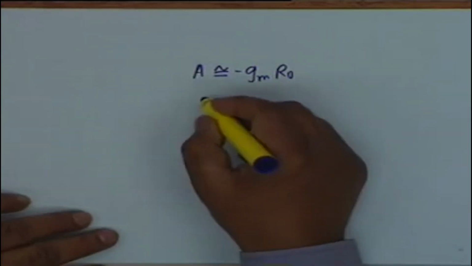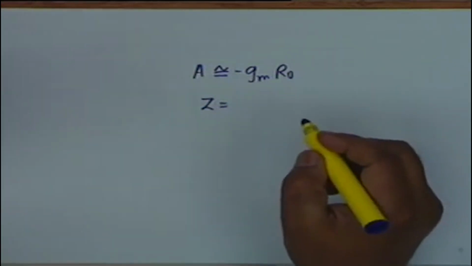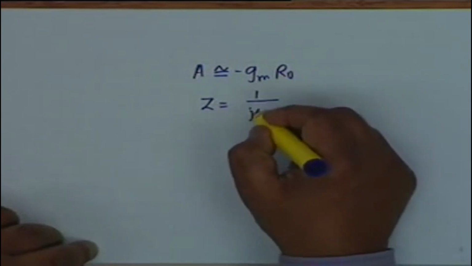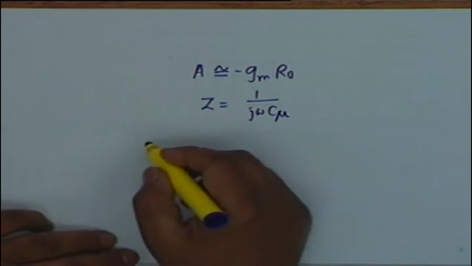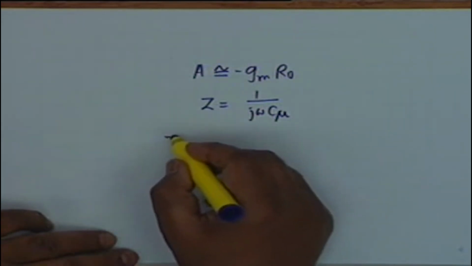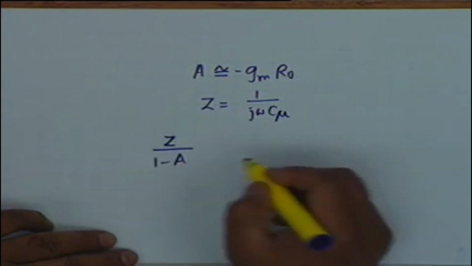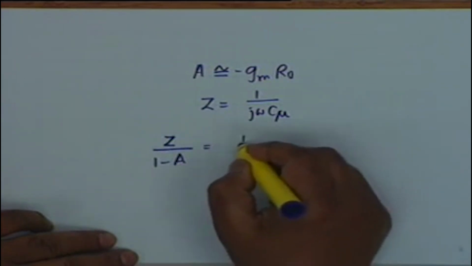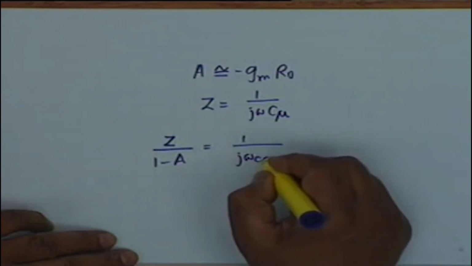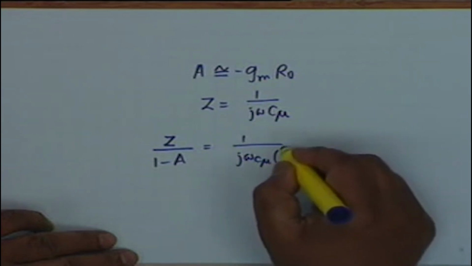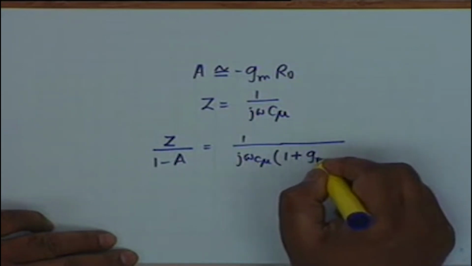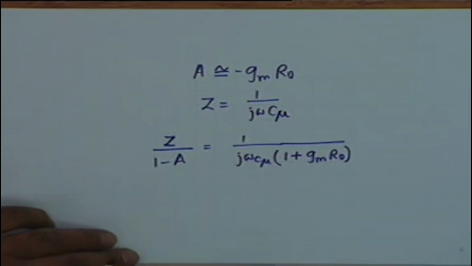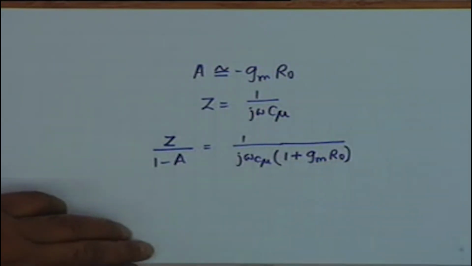All right. What is Z in our case? The bridging impedance is 1 over j omega C mu. This is the bridging impedance, and therefore at the input Z divided by 1 minus A is equal to 1 over j omega C mu times 1 plus gm R naught. Is the point clear?